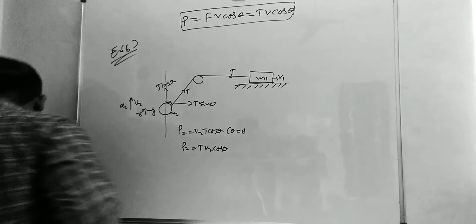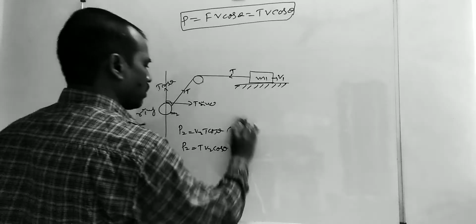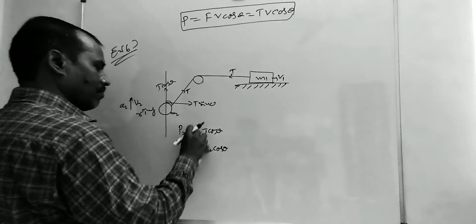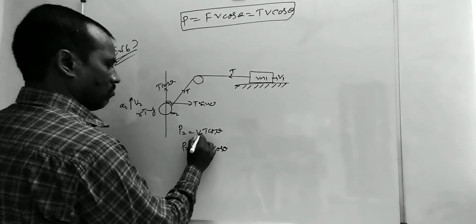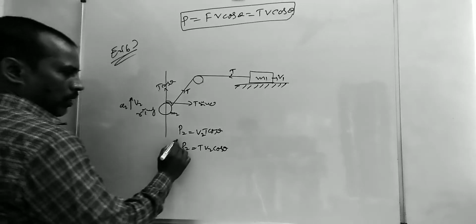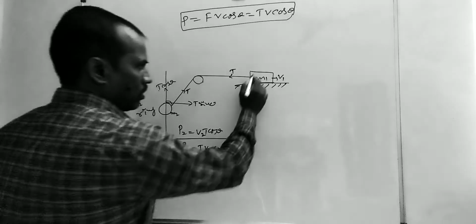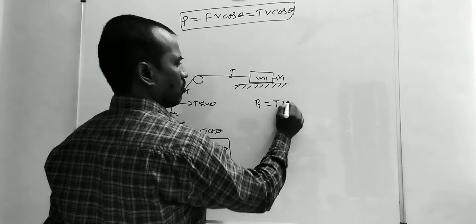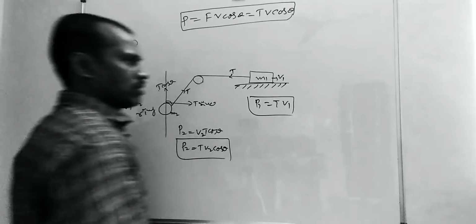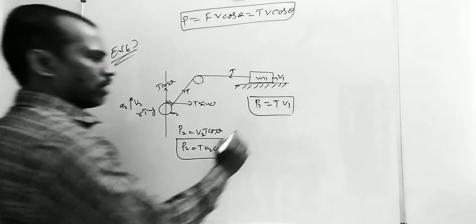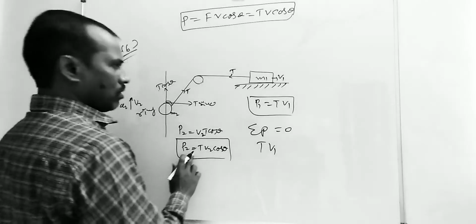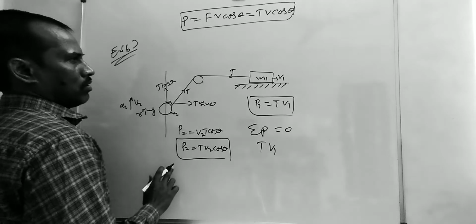And P1 is equal to T V1. So the net power is equal to 0, T V1 here.